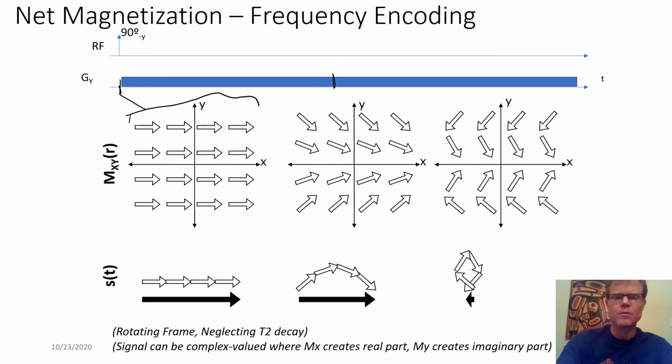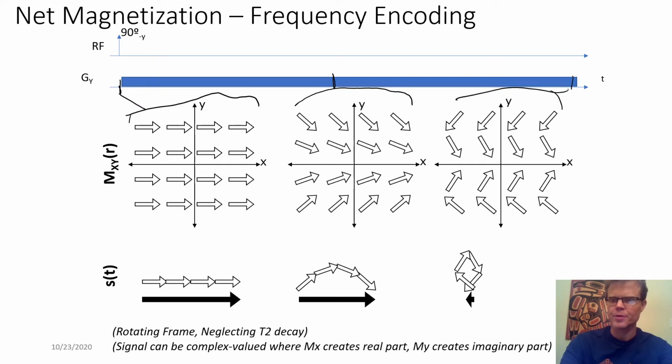Then we proceed some amount of time, and our net magnetizations are rotating, and they're rotating by different amounts at different positions because they have different frequencies. As we go further along in our gradients, they continue to rotate.